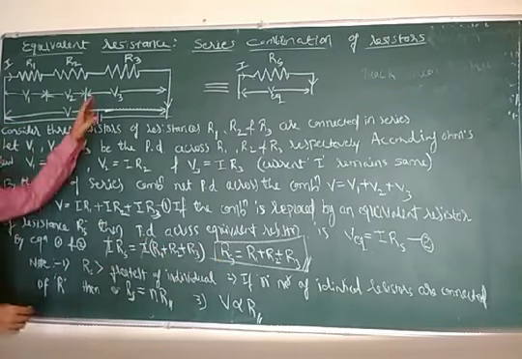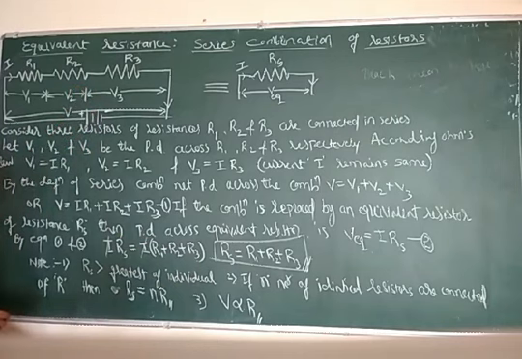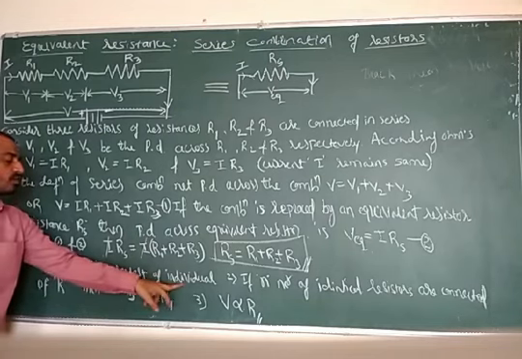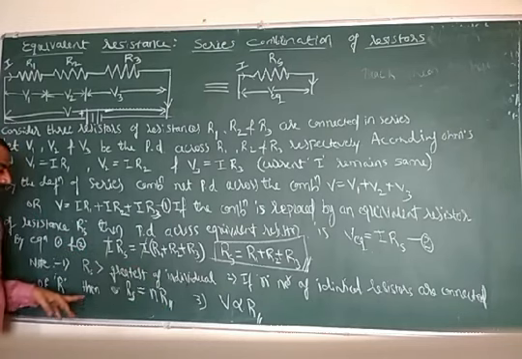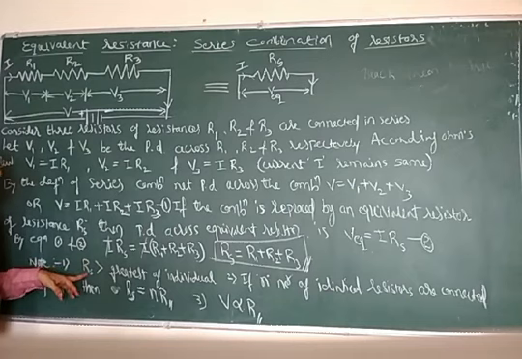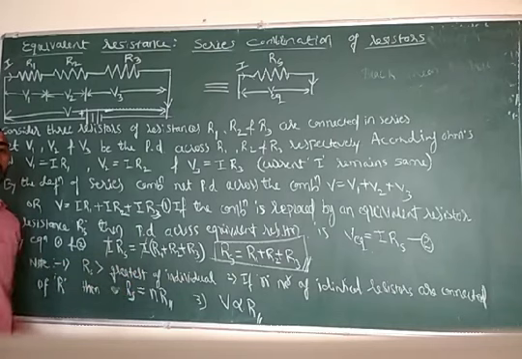Later, depending upon the features of a series combination, some points have to be noted. First, the equivalent or effective resistance in a series combination is always greater than the greatest of the individual resistances. Listen to me.